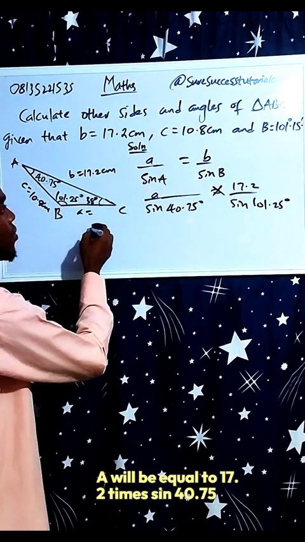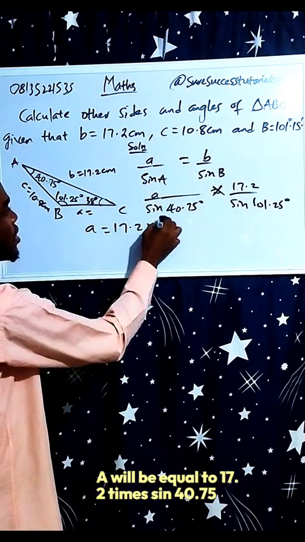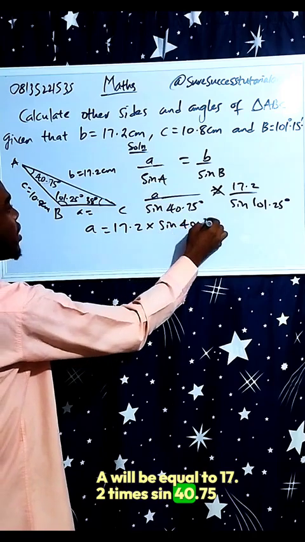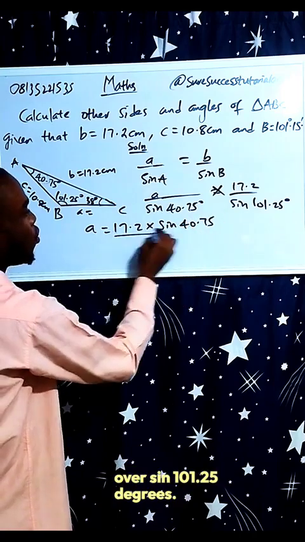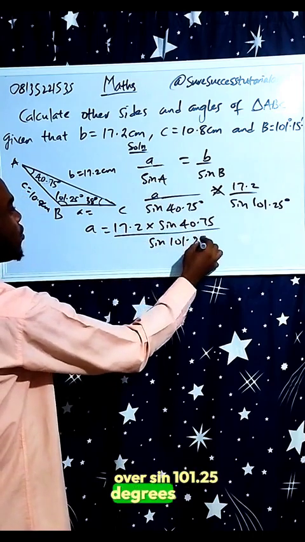This small a will be equal to 17.2 times sine 40.75 over sine 101.25 degrees.